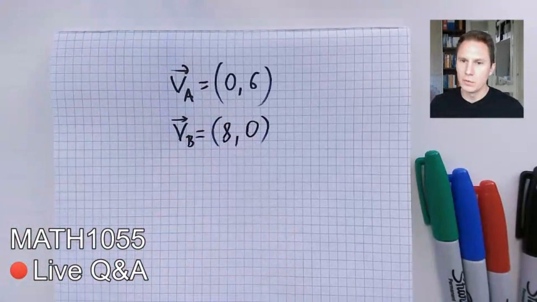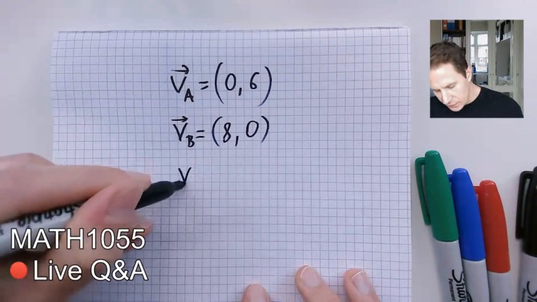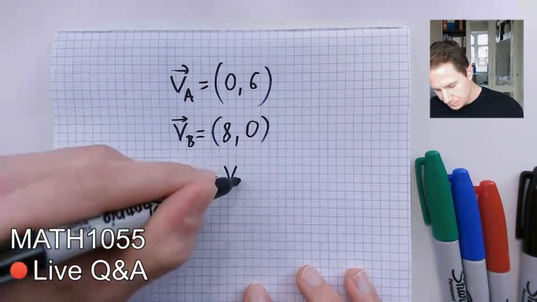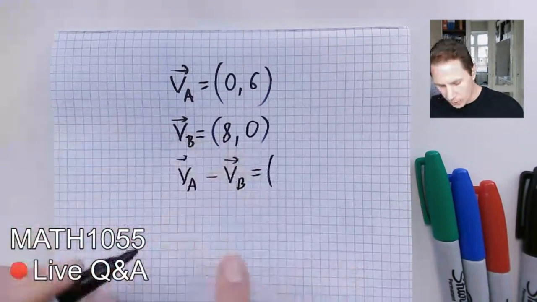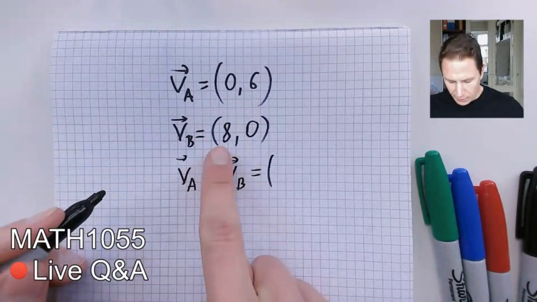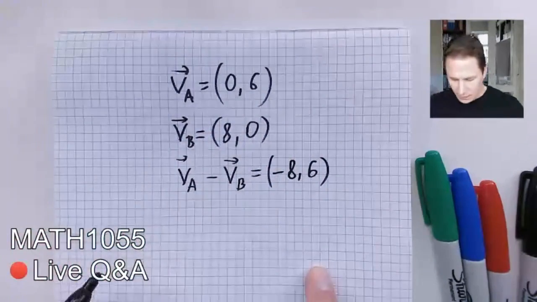So these were the two velocity vectors for the boats, and all we had to do is take this difference, which we do coordinate by coordinate. So we have 0, 6 minus 8, 0, so that's minus 8 and 6.